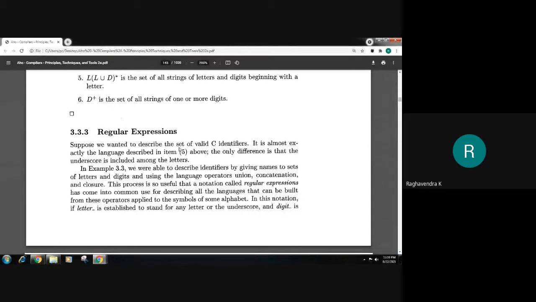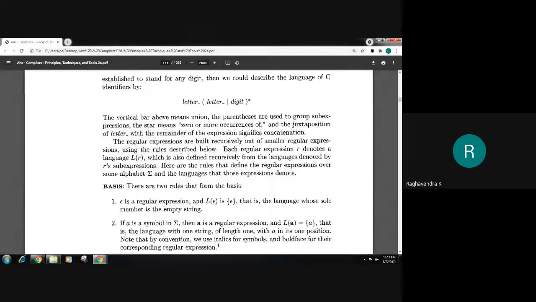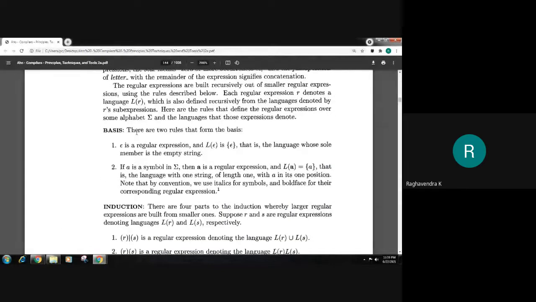When it comes to regular expressions, there are two rules normally followed by the lexical analyzer while writing a regular expression. Epsilon is a regular expression, and it is the language whose only member is the empty string, which means that L of epsilon is nothing but the empty string.